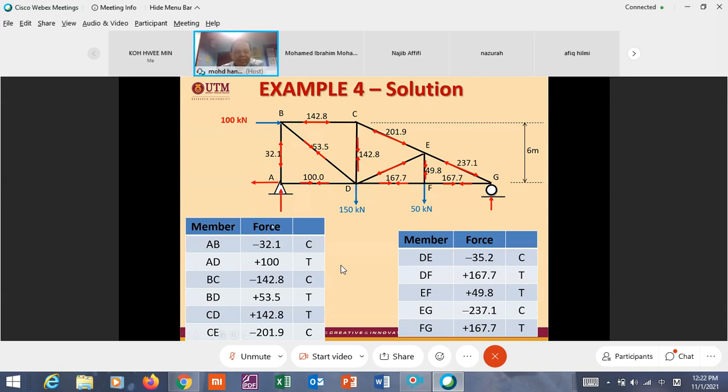But the table is practical if you use computerized methods, because when you do programming, the program reads one by one whether it's negative or positive. The program does not recognize this arrow. The program only recognizes positive and negative. That's why we use a table here.